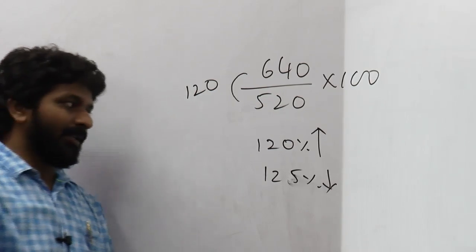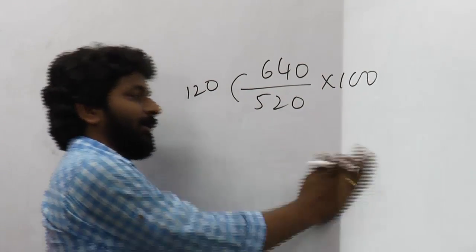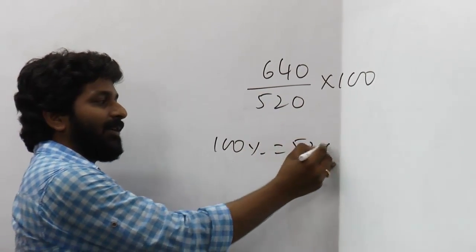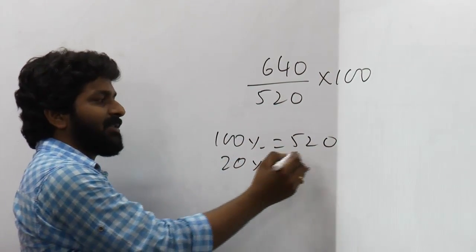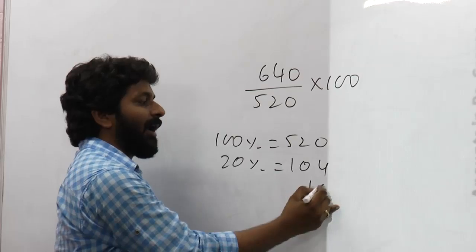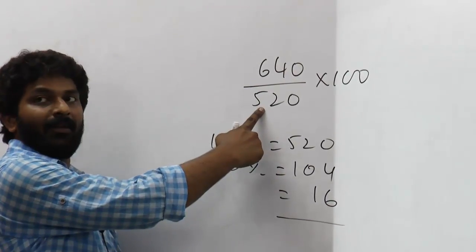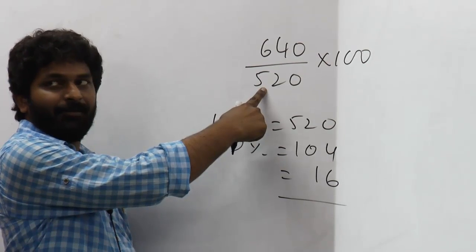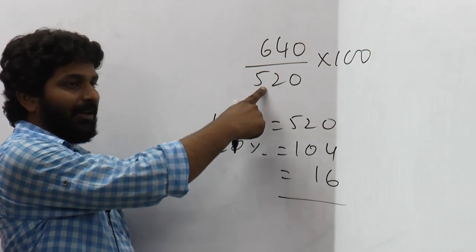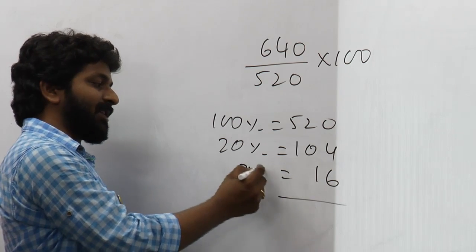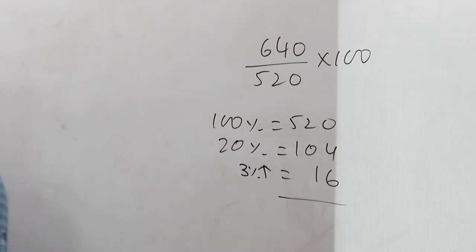Wait. 100% is 520, 20% is 104. Still you need to add 16 here. Now 1%, 2%, 10.4, 3%, 15.6. More than this. So answer should be just above 3%. So 123% and a little bit more. Second option answer.